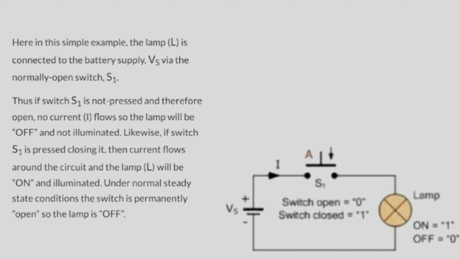Likewise, if switch 1 is pressed, closing it, then current flows around the circuit and the lamp will be on and illuminated. Under normally steady state conditions, the switch is permanently open, so the lamp is off.